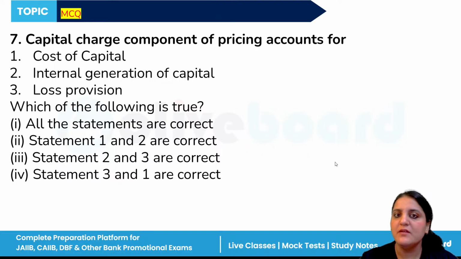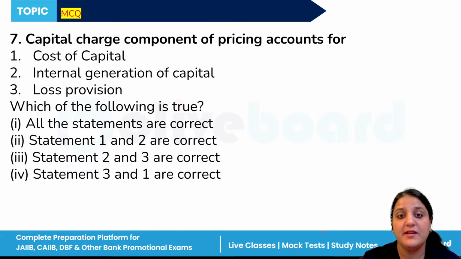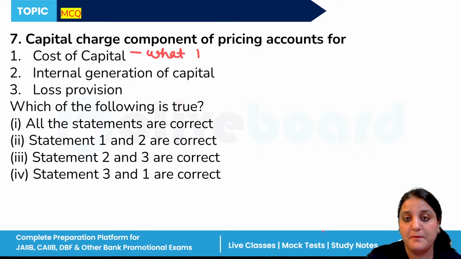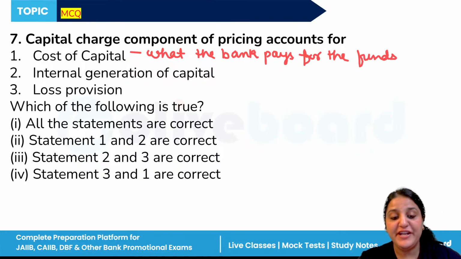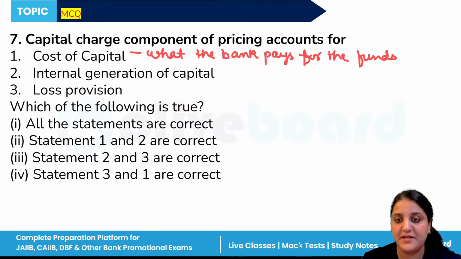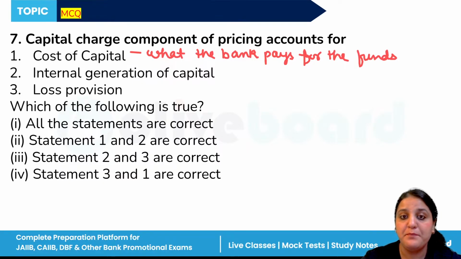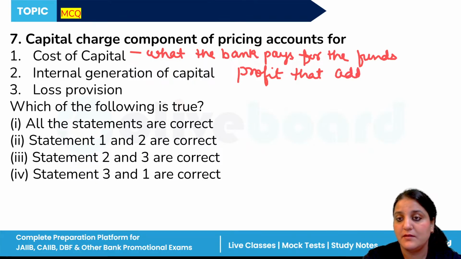And loss provision, banks have to also cover expected losses from the bad loans, right? So when a bank sets interest rate on loans, it includes cost of capital, what the bank pays for the funds. Internal generation of capital, where we can say profit that adds to the bank's capital.